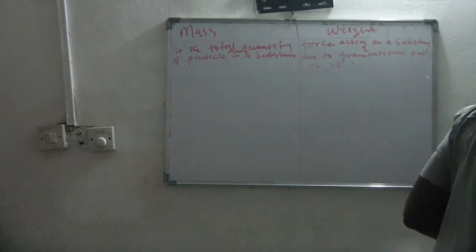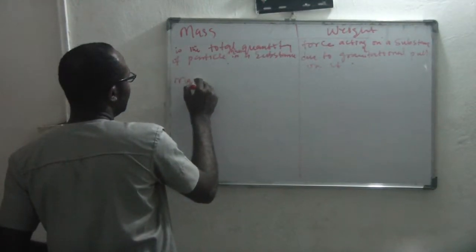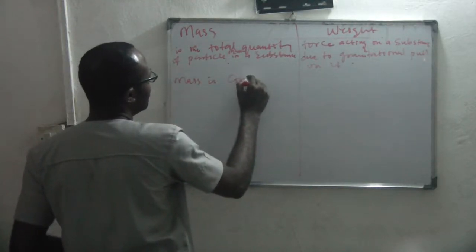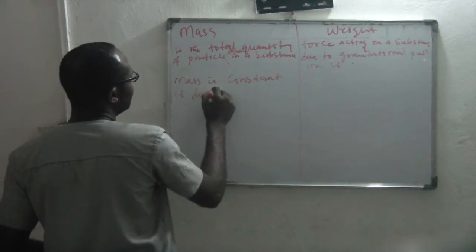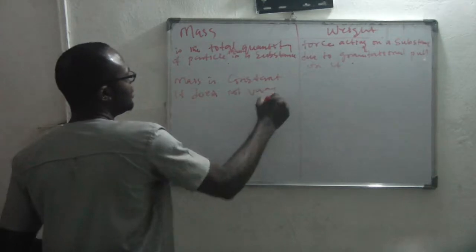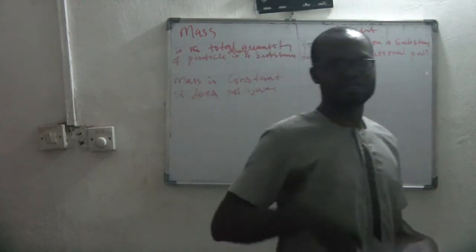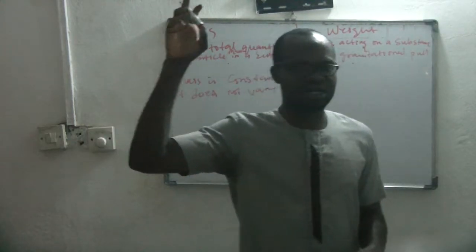Now, that's the second difference: mass is constant, it does not vary. When you say that something is constant, it means that it does not change. Your mass at the equator is the same as your mass at the North Pole.